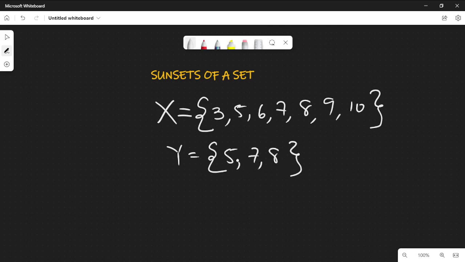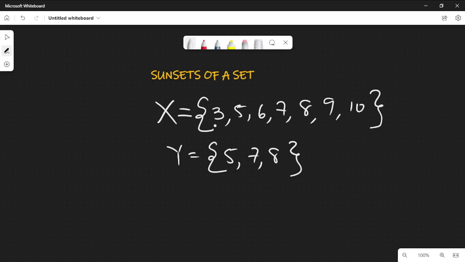If this is what I have now, the set X is what? 3, 5, 6, 7, 8, 9, 10. And set Y is 5, 7, 8. Am I making sense now? So Y is said to be the subset of what? X.